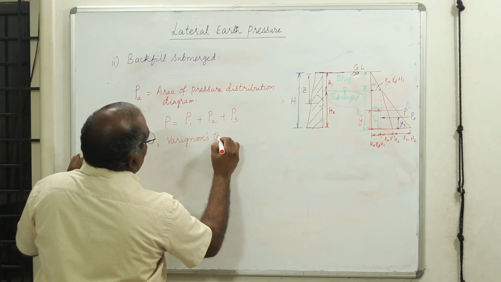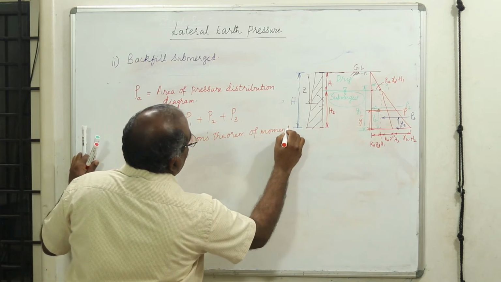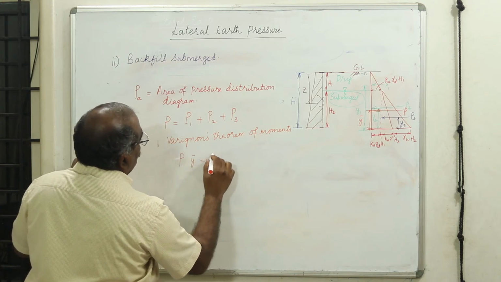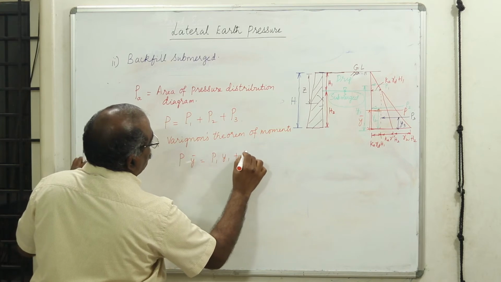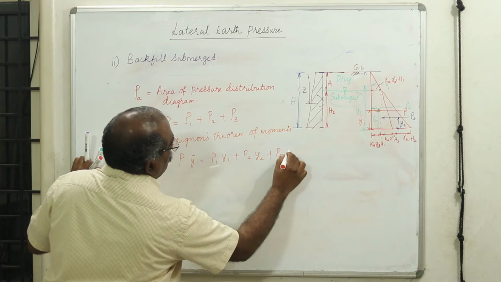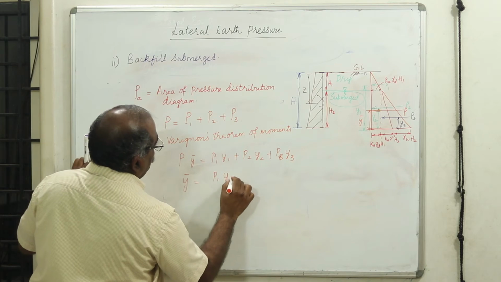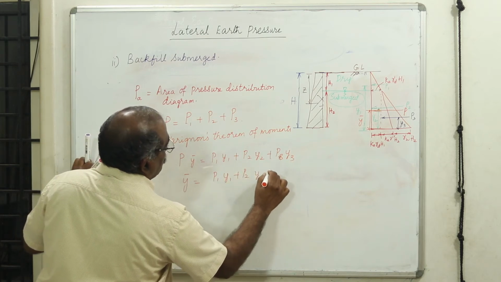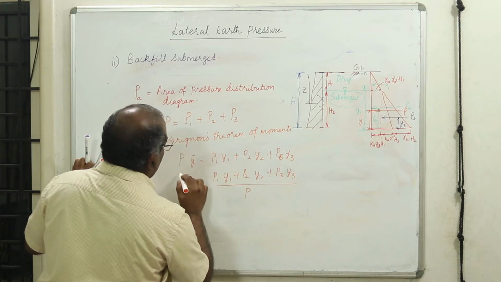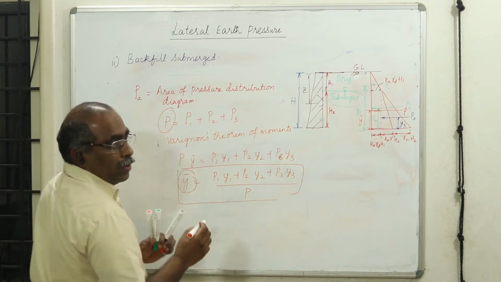P into Y bar is equal to P1 into Y1 plus P2 into Y2 plus P3 into Y3. Therefore, Y bar is equal to P1 into Y1 plus P2 into Y2 plus P3 into Y3 divided by P. Thereby I get not only my thrust, also I get my location.